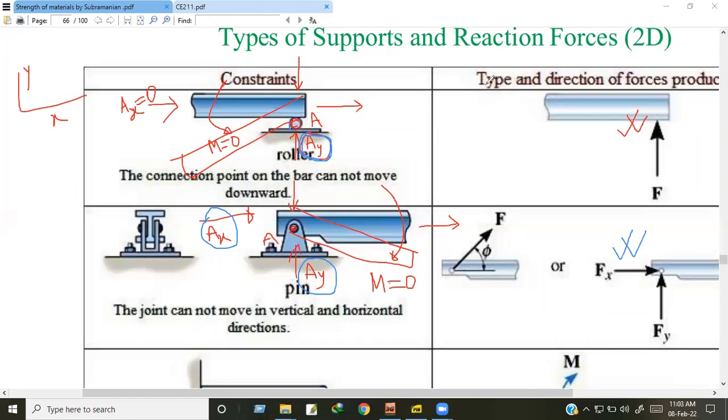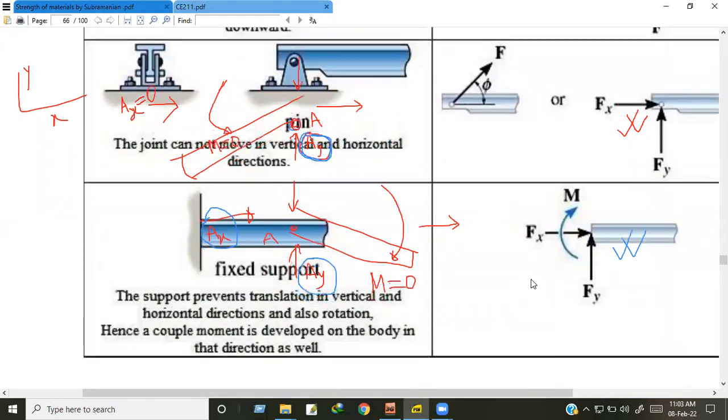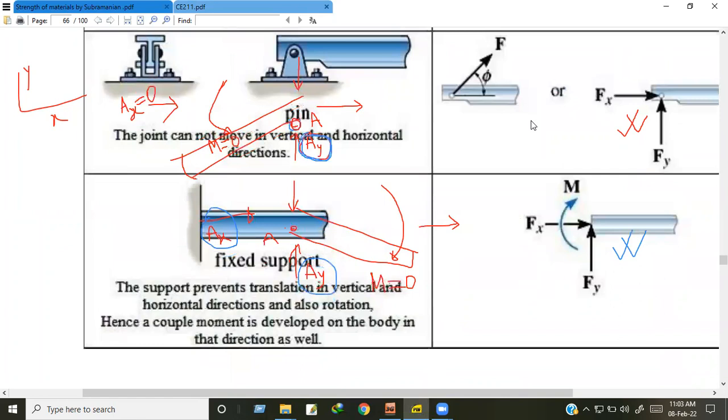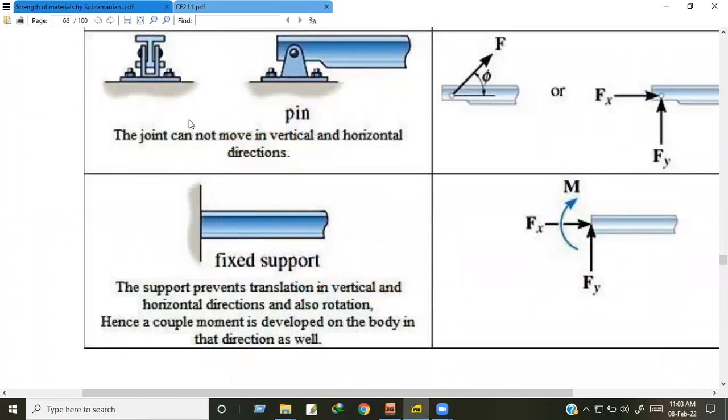Now we'll see about fixed support. If I apply a force in this direction and another force in this direction, and another moment in this direction, how will the support react?